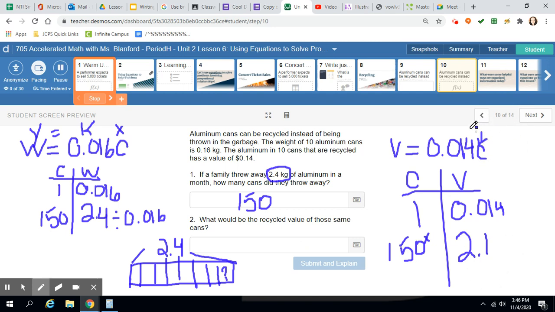So I did 150 times the amount of one can, and I got 2.1, but that's not really dollars and cents. Remember, it's not $2.01, which I just wrote. It's $2.10.